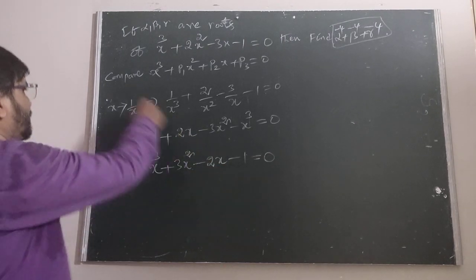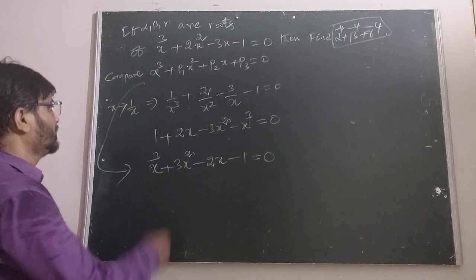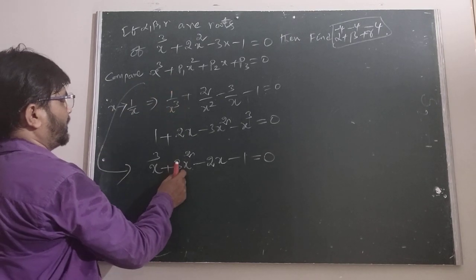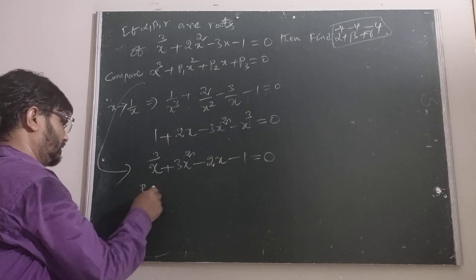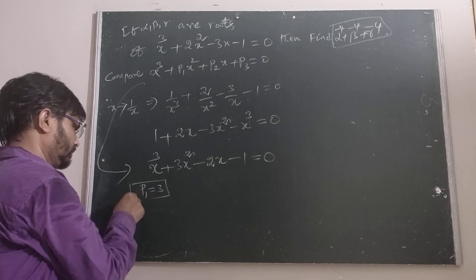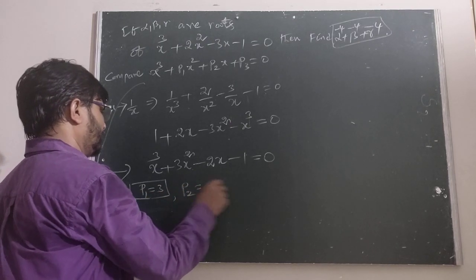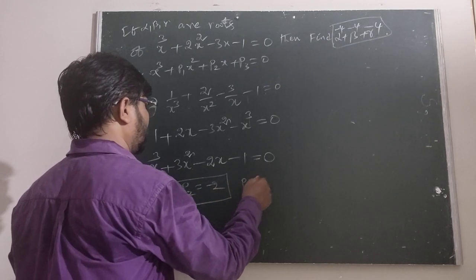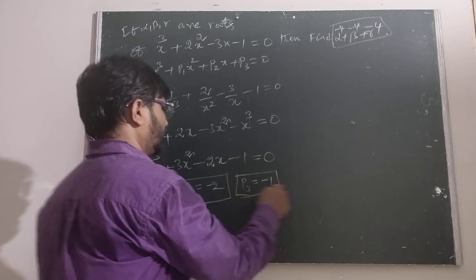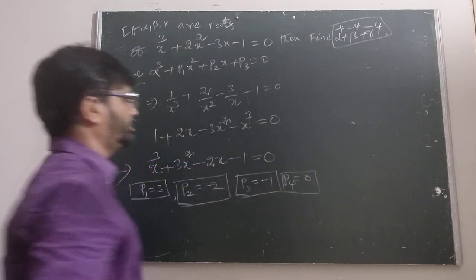Now we compare with the equation x cube plus p1 x square plus p2 x plus p3, where p1 is 3, p2 is minus 2, p3 is minus 1, and p4 is 0. These are the values.